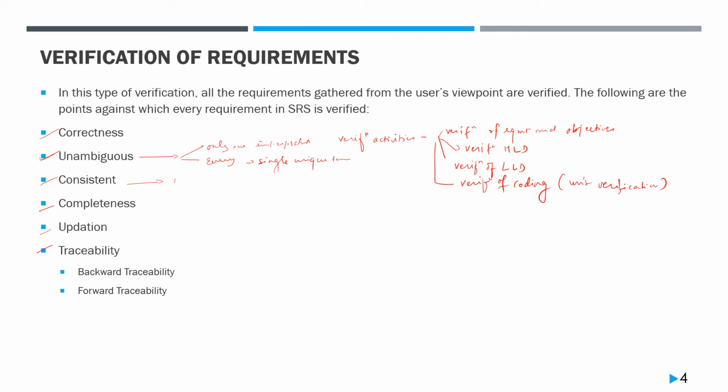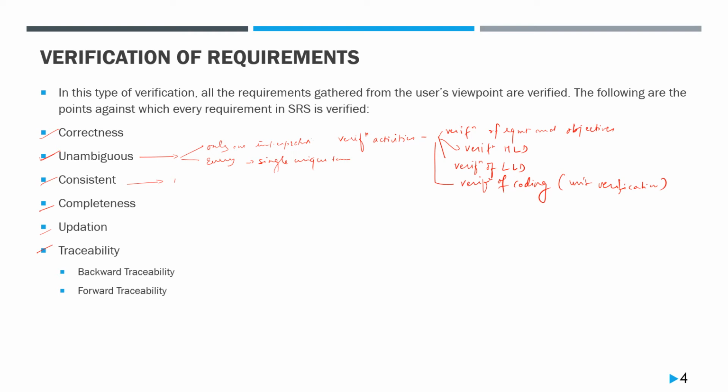We must verify that all significant requirements such as functionality, performance, design constraints, attributes, or external interfaces are complete. Then check whether responses for every possible input, valid and invalid, to the software have been defined. And third, check whether figures and tables have been labeled and referenced clearly.